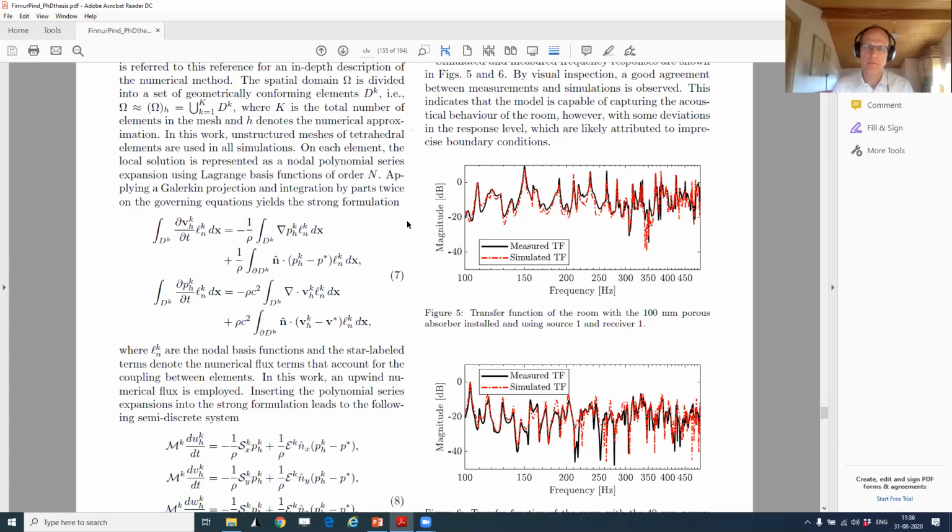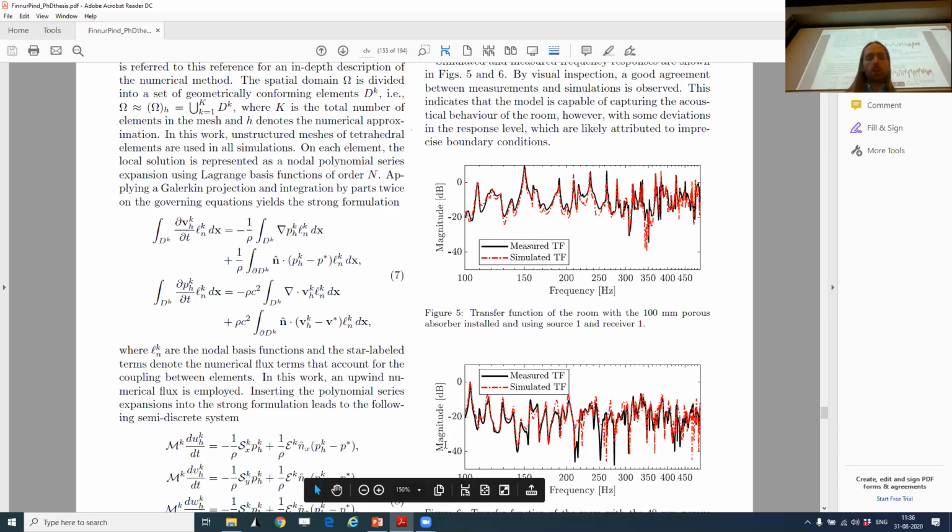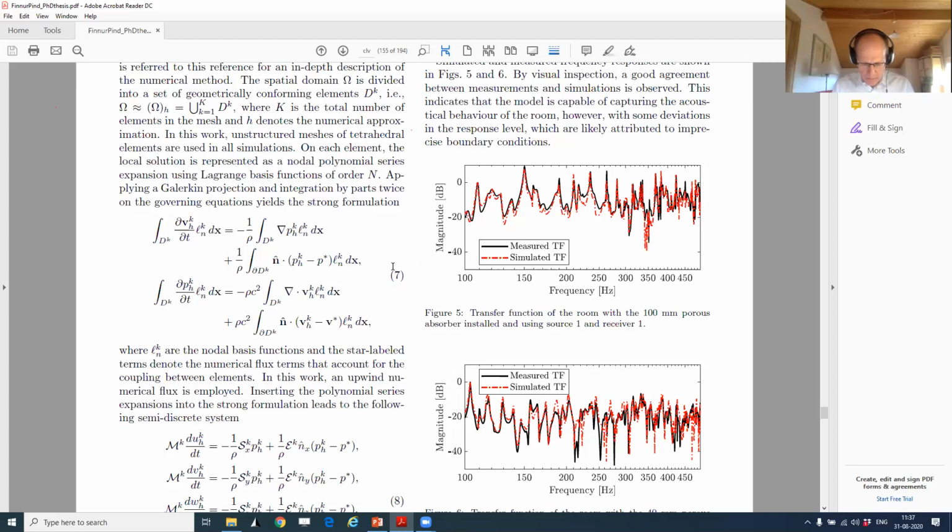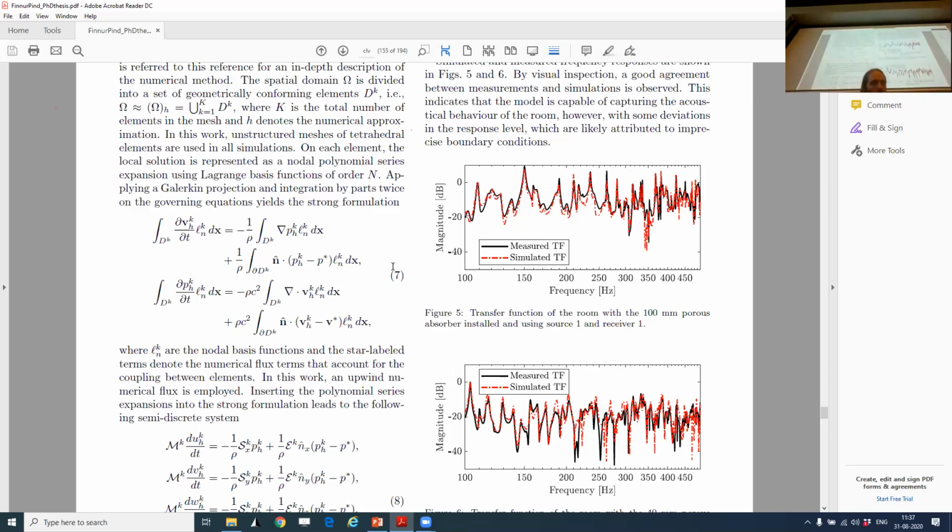Yeah, exactly. And as we see when we propagate the uncertainty through the model, the time domain results vary significantly, right? We had a hard time simulating this room with enough accuracy when we look at the time domain results.